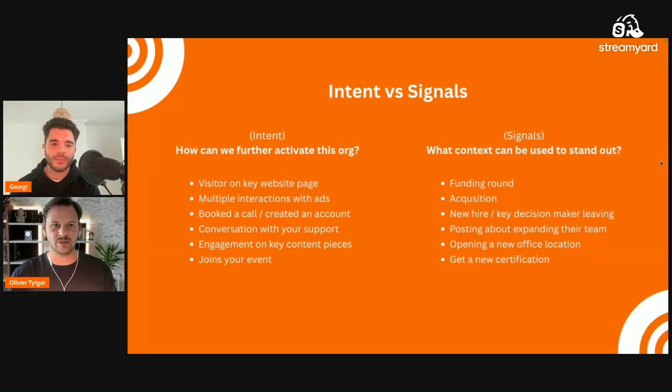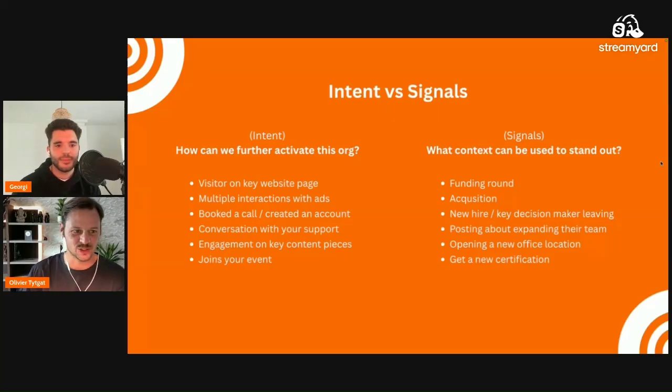Whereas the trigger can be, let's say, somebody downloading an ebook or showing up for your webinar. Once again, the likelihood of someone joining a GTM webinar being interested in GTM stuff, that's the point, right?